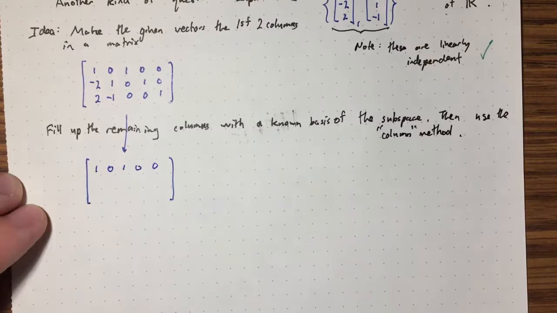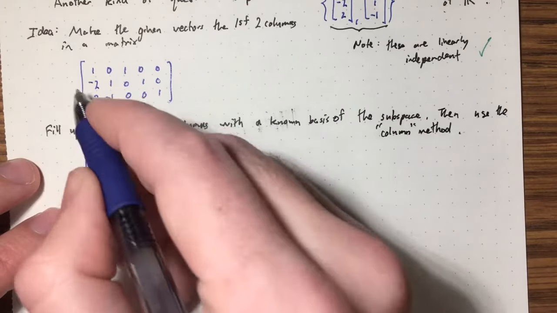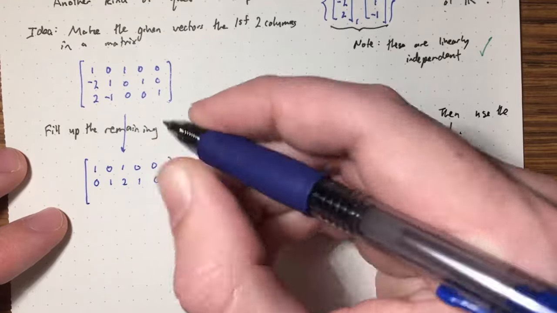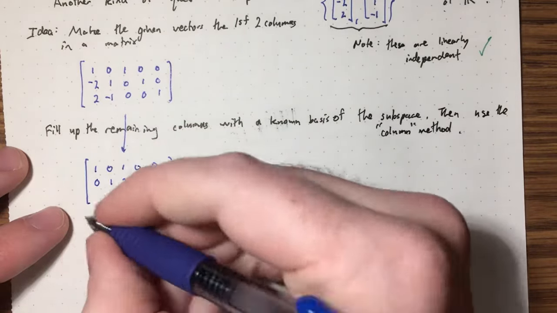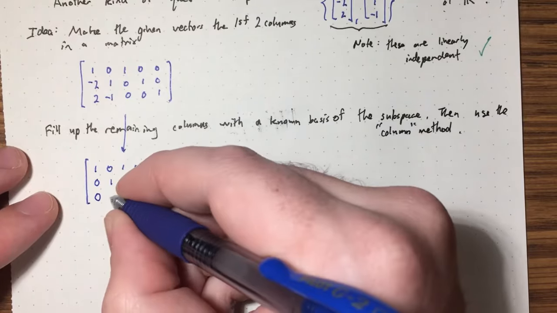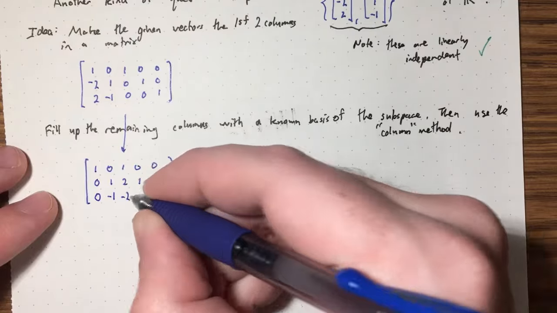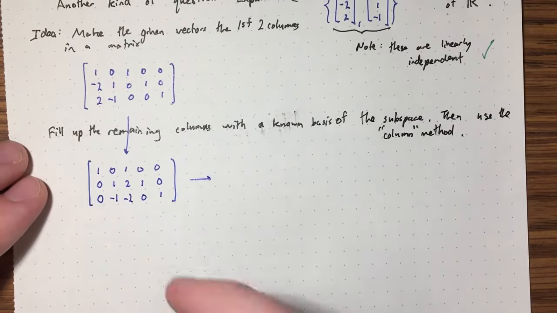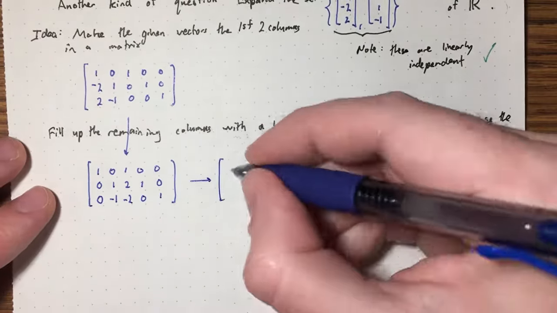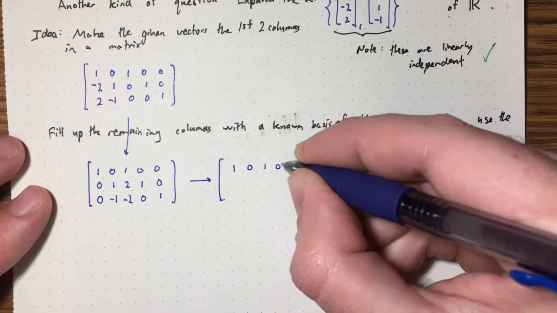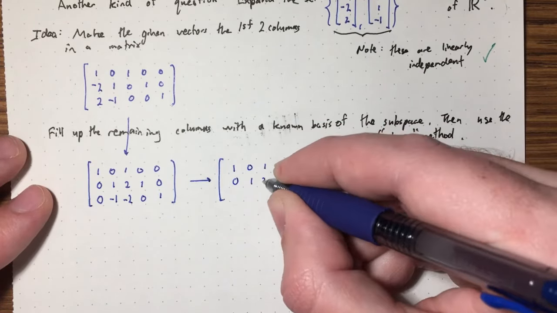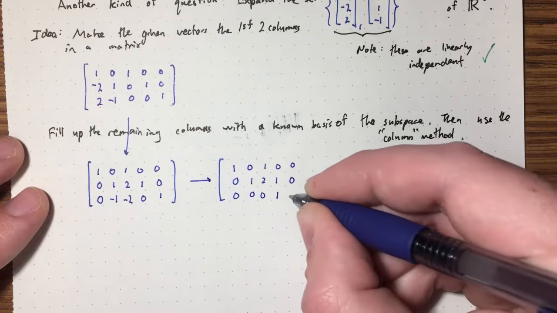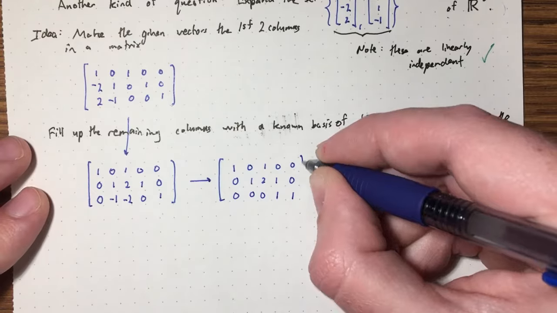We will take the second row and add 2 copies of the first row. So we get this. We'll take the third row and subtract 2 copies of the first row. So we get this, minus 2, 0, 1. Then we're going to keep the first 2 rows as is. Then we'll take the third row and just add a copy of the second row. So this is 0, 0, this becomes a 1, and this stays a 1. Great, okay.